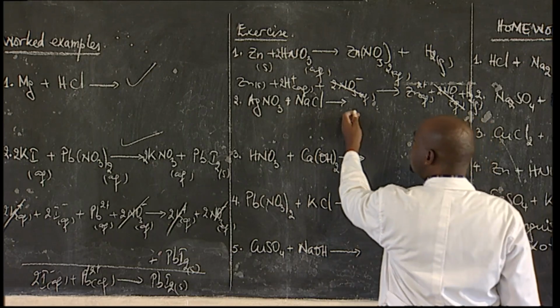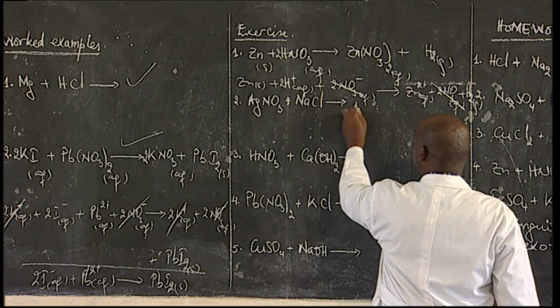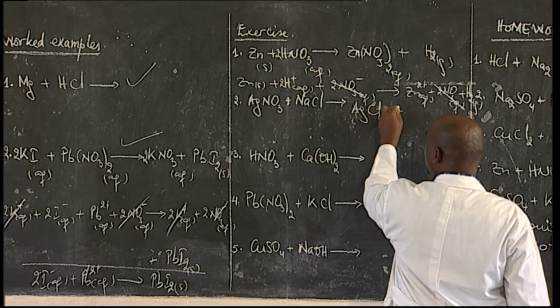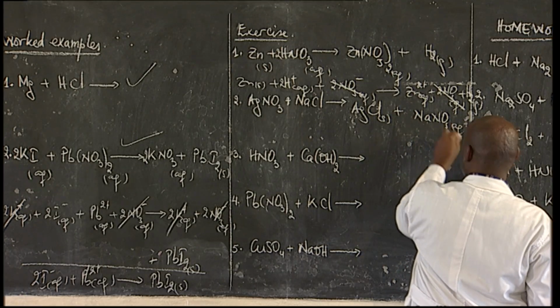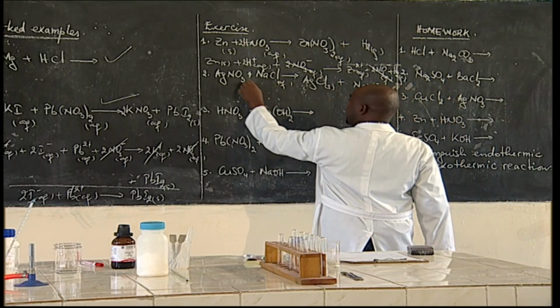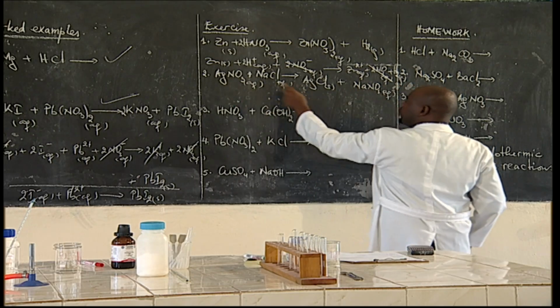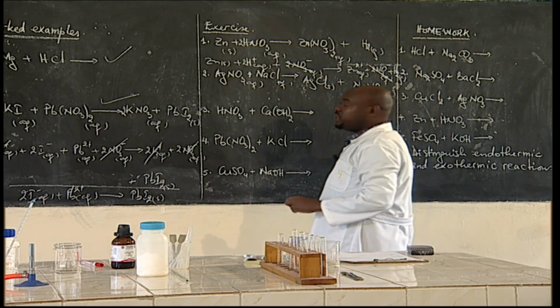What happens with silver nitrate and sodium chloride? We have silver chloride, which is solid, and sodium nitrate, which is aqueous. The reactants are both aqueous because both substances are soluble in water.